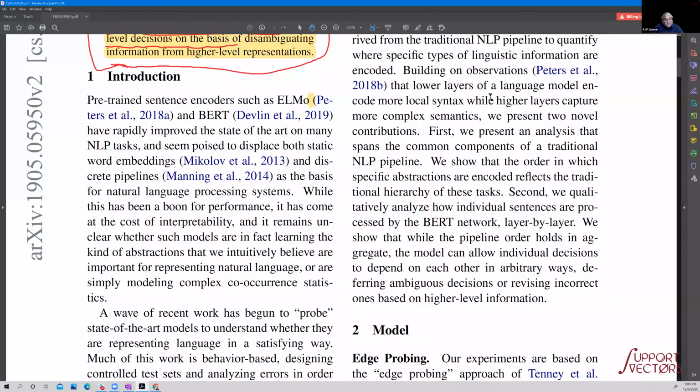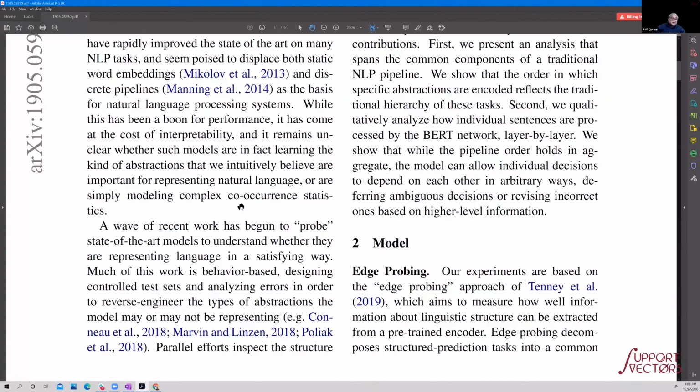It remains unclear whether such models are in fact learning the kinds of abstractions that we intuitively believe are important for representing natural language, or are they simply modeling complex co-occurrence statistics? So are they doing something very complicated internally? A wave of recent work has begun to probe the state-of-the-art models to understand whether they are representing language in a satisfactory way.